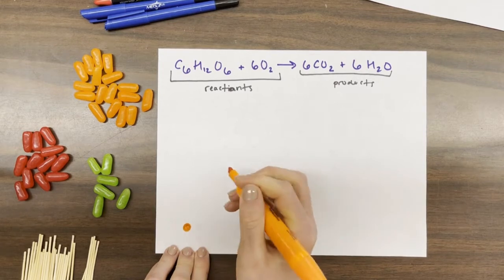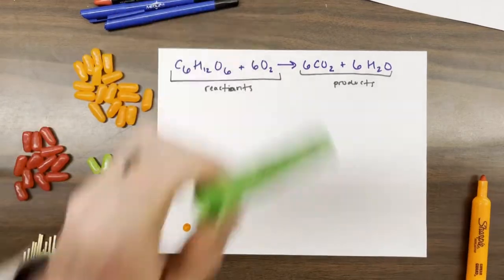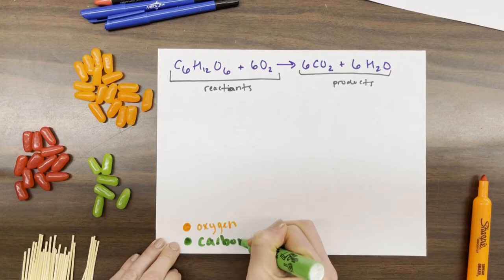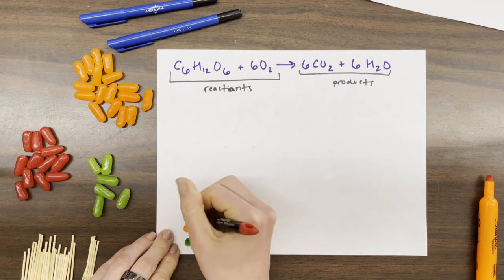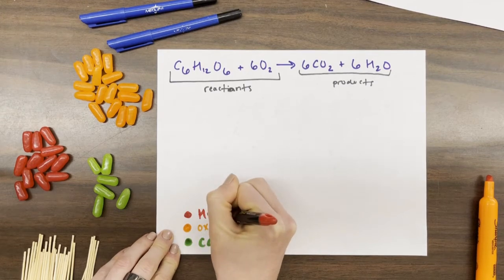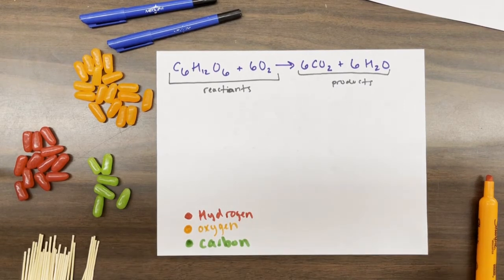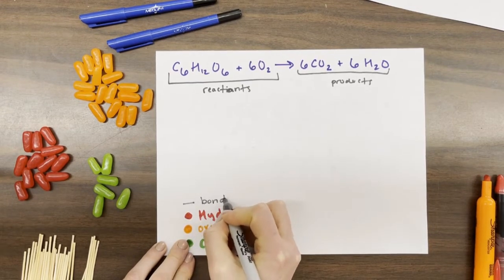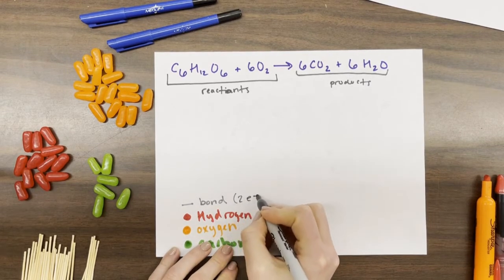The orange is going to be oxygen, my green is going to be carbon, and my red will be hydrogen. I will represent my bonds, or my toothpicks, by drawing a line like this. A bond is 2 electrons, right?